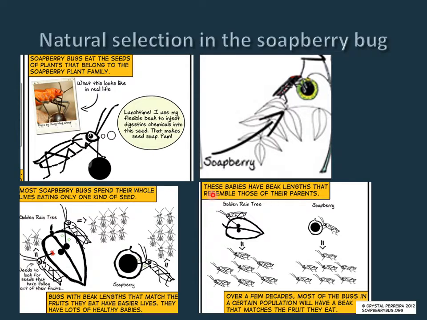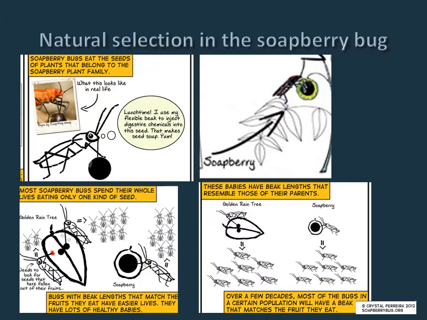Their babies will also have beak lengths that resemble the length of the beaks of their parents. Because of that, the bugs with short beak lengths will not be as likely to get the food that they need, not be as likely to survive, and not be as likely to have baby bugs who also have shorter beak lengths.